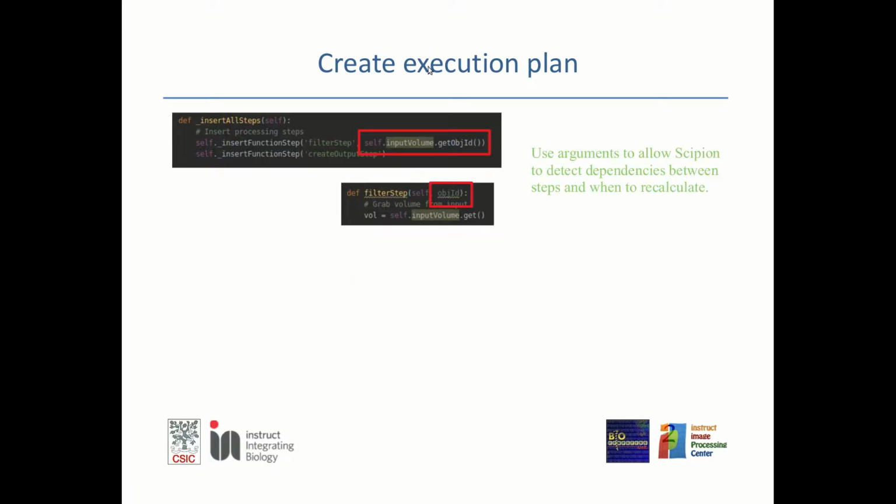So what is this argument? This argument is meant to allow Scipion to decide when you have to re-execute a step. This filter step is applied on a volume. So let's say that you open the form again, change the volume, and click run.